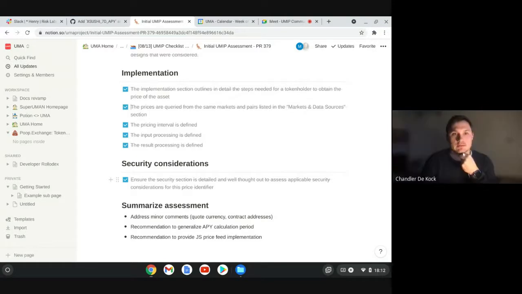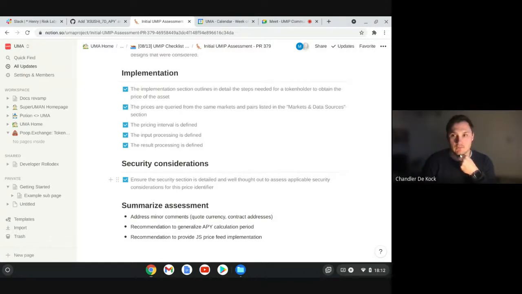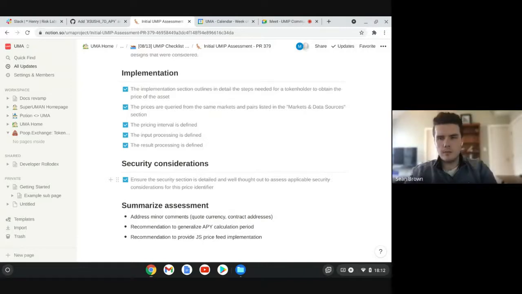One question I have is, part of the reward mechanism that we have with liquidity mining and KPI options grant program, is there a requirement to have proposer bots set up? Oh, that's a good question.